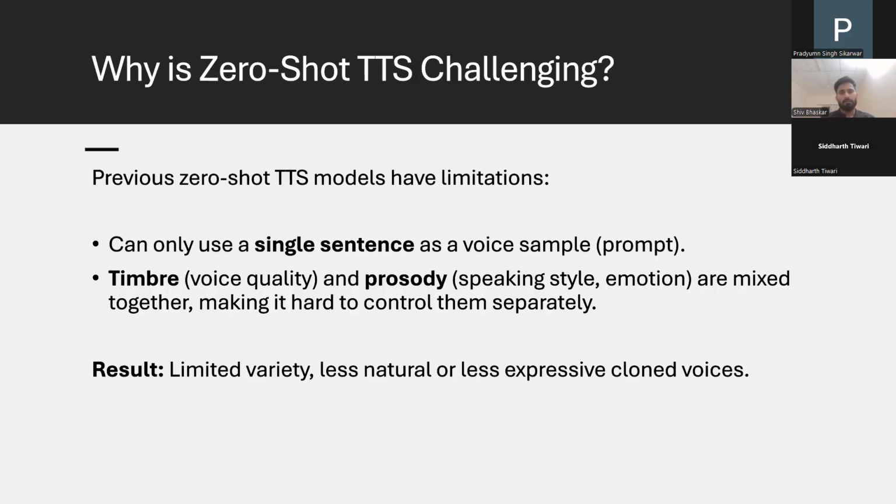It can't capture all the prosodically rich things, such as timbre, rhythm, stress, emotions, and pitch, which come under prosody. This makes it hard to control style and expression independently. There are some limitations in the results as well. Mega-TTS 2 tackles both issues by redesigning the prompting mechanism, allowing richer reference signals and separating timbre from prosody.